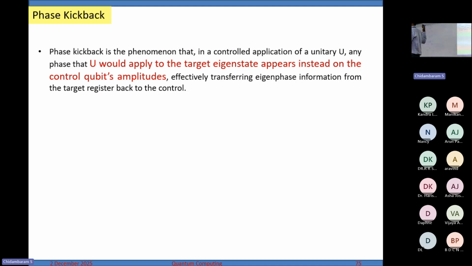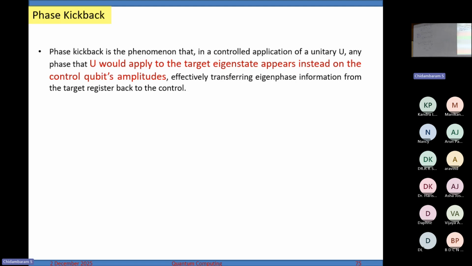In the applications, especially when you are developing algorithms, recently DST has called, under the NQM, a call for algorithms.